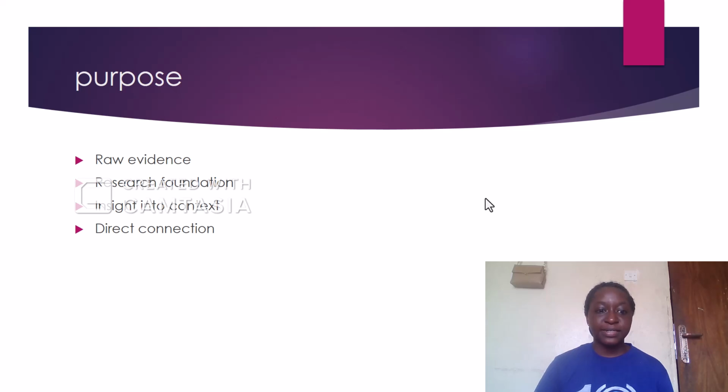What I mean by insight into context is that it helps a researcher understand an event or a phenomenon from the perspective of those who lived it, and analyze it from that perspective.